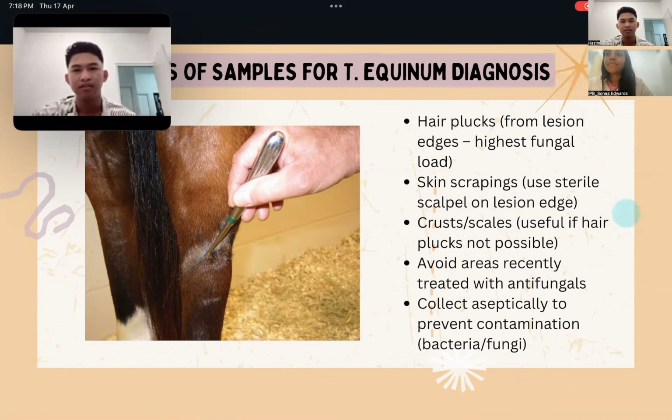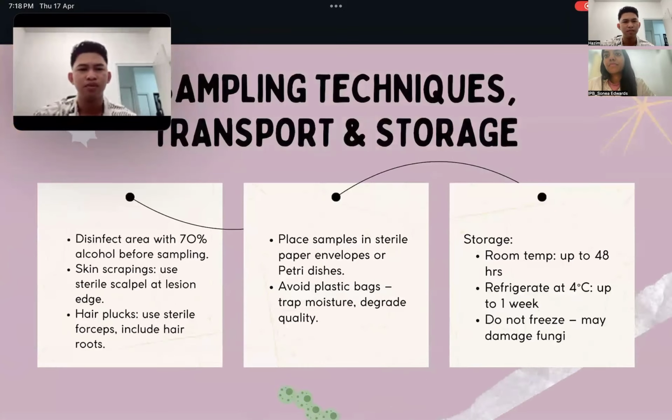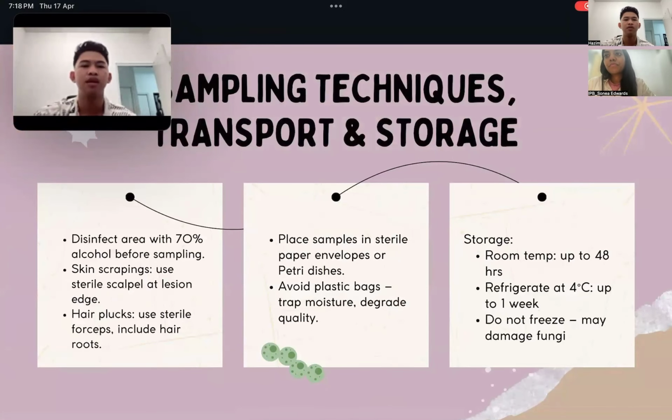Next, we move on to the sampling technique, transport, and also storage. Proper sampling technique is essential to ensure accurate laboratory diagnosis. Before collecting, the area should be disinfected with 70% alcohol to minimize contamination.